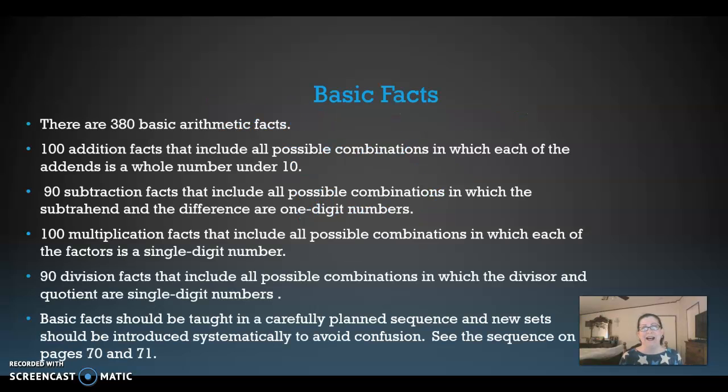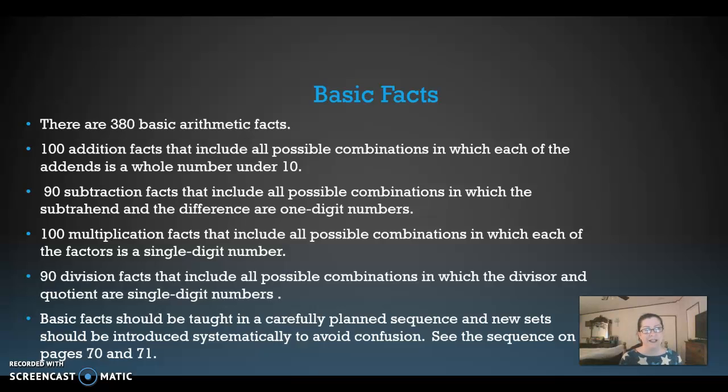All right, from the basic facts section, I got this. There are 380 basic arithmetic facts: 100 addition facts that include all possible combinations in which each of the addends is a whole number under 10.